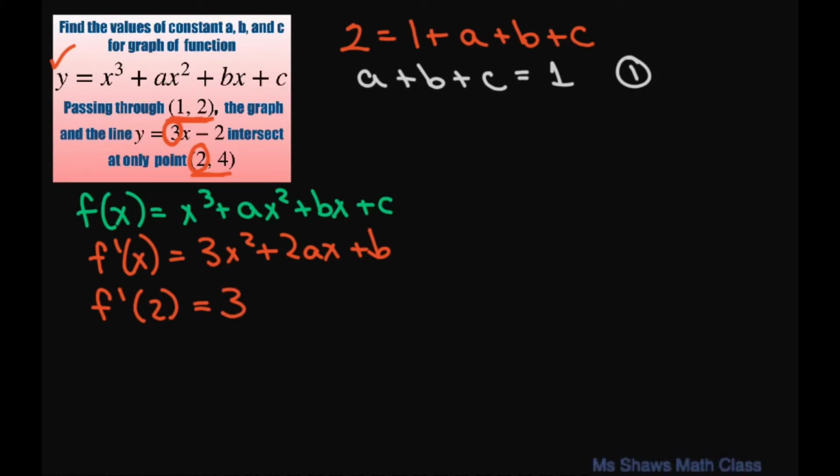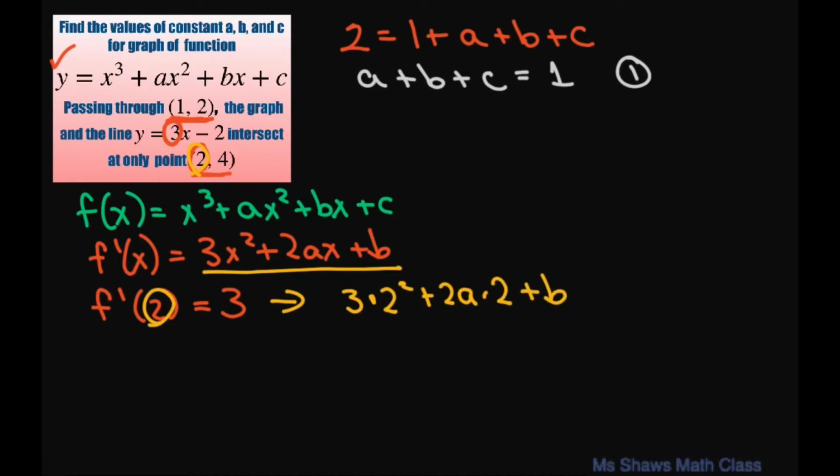So therefore I'm going to take this equation and substitute in my points. We're going to have 3 and your x is 2 at this point here. So 3 times 2 squared plus 2a times 2 plus b is going to equal 12 plus 4a plus b equals 3, because this is supposed to equal 3.